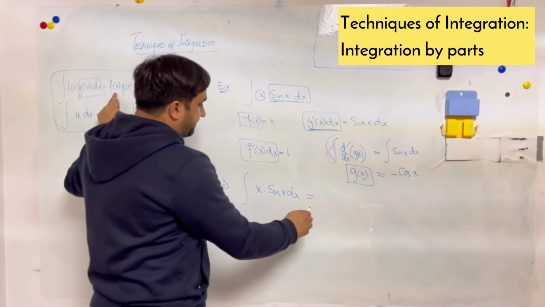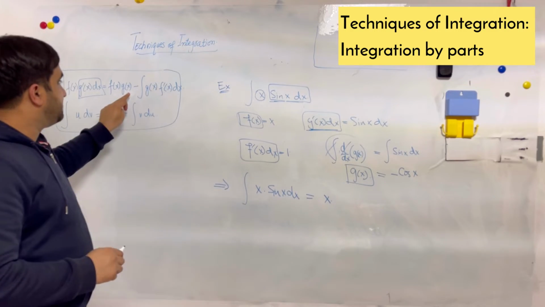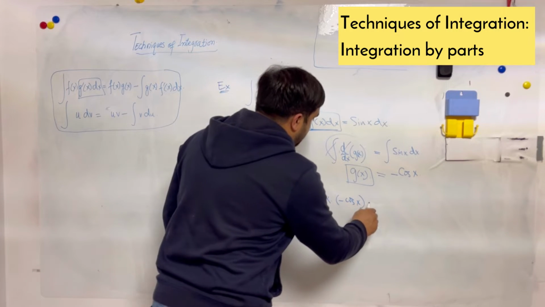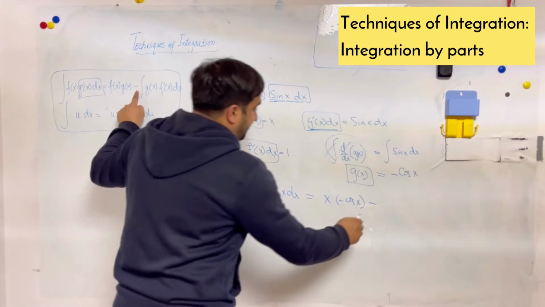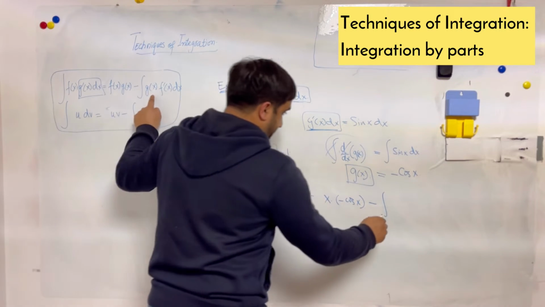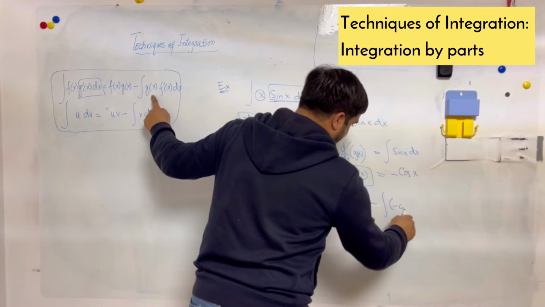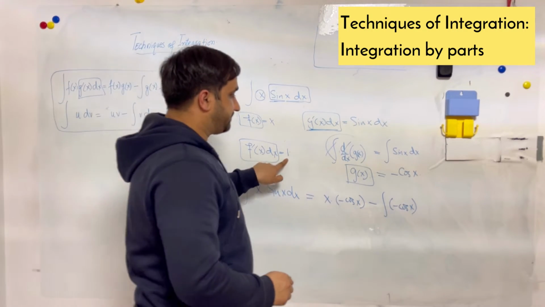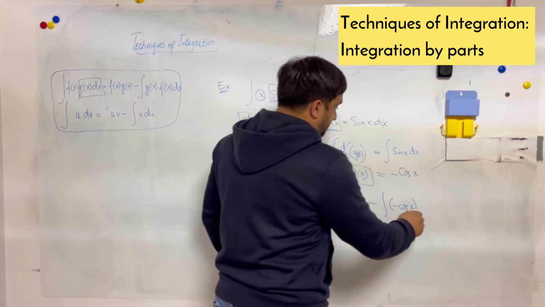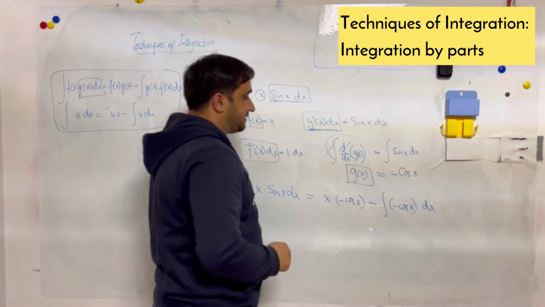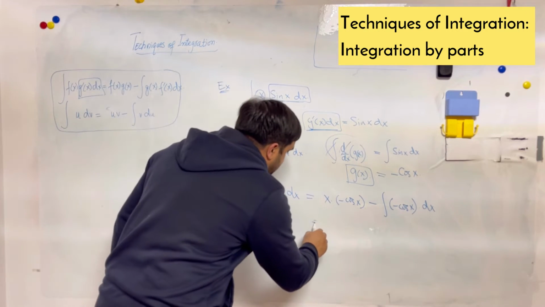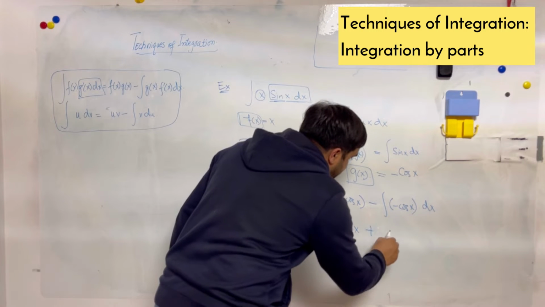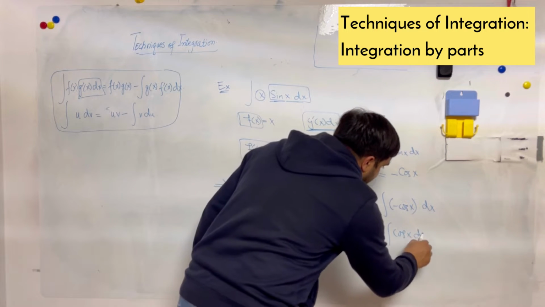f of x means x. g of x means minus cos x. Minus, from the formula, integral g of x means minus cos x. f dash of x dx means this guy, 1. So it is simply 1 dx. And this becomes minus x cos x. This minus into this minus plus integral cos x dx.